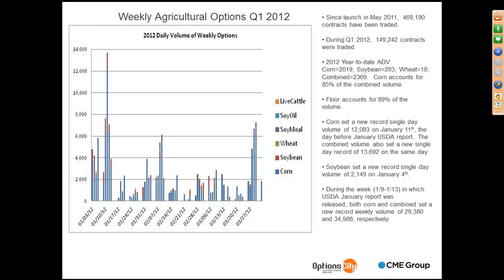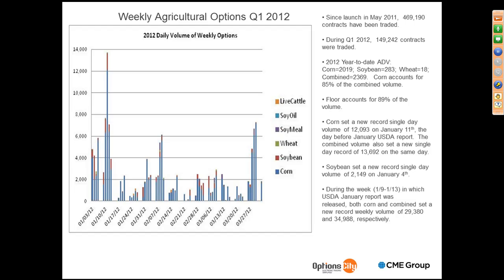And the reason it's popular is you can trade this against some key reports, USDA crop reports or major economic events. You can pay much lesser premium due to a very low time value, and you can make more money by using these options in your strategies.